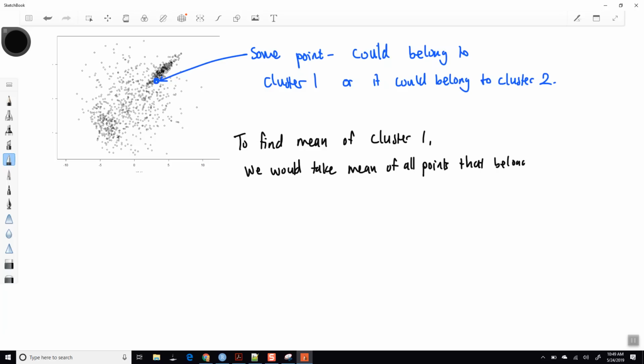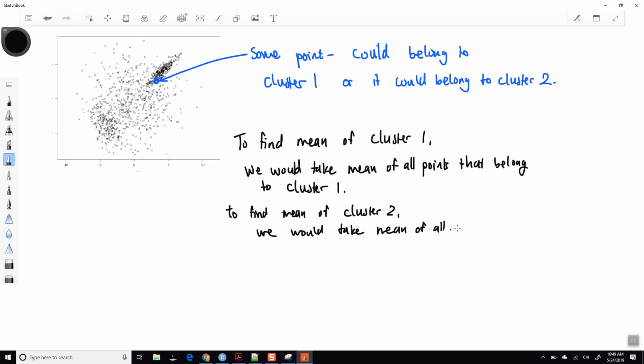Oh, and I'm already out of time. And to find the mean of cluster 2, we would take the mean of all points in cluster 2.